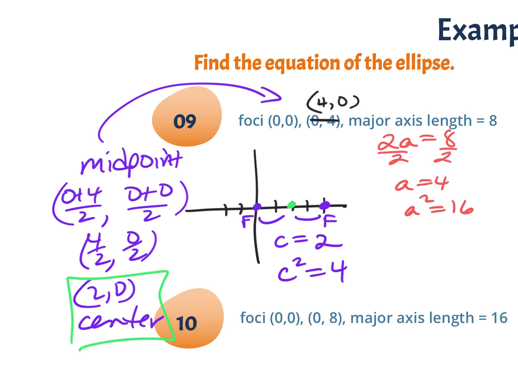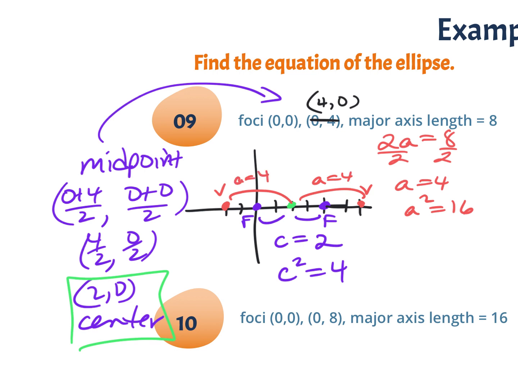I could have added some little lines here. So my vertices would actually be right here and right here, because it says the major axis length is 8. So 1, 2, 3, 4, 5, 6, 7, 8. But again, think of it as 4 on this side, 4 on this side. So A is 4 on each side.